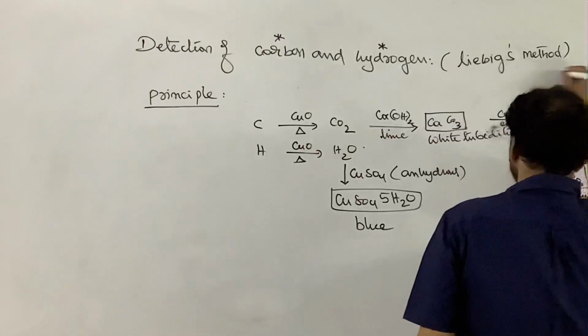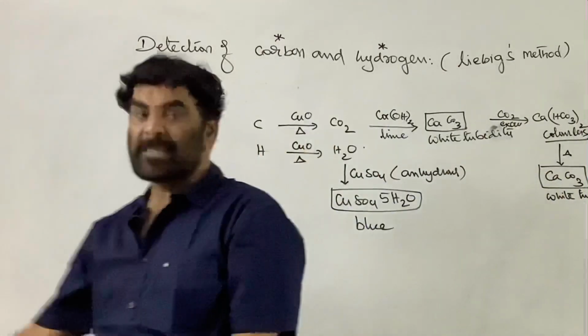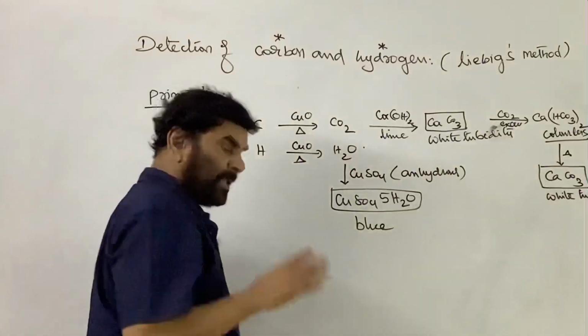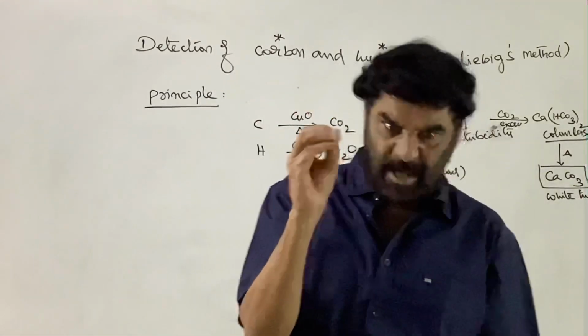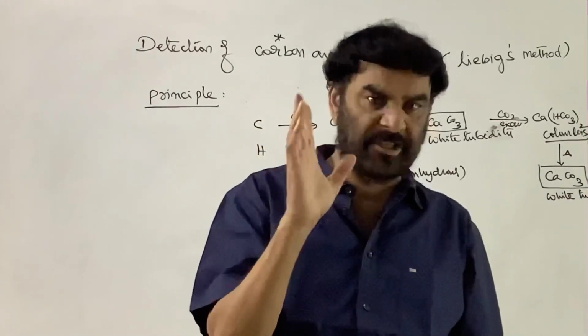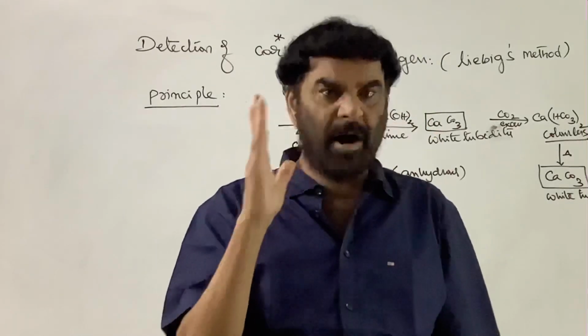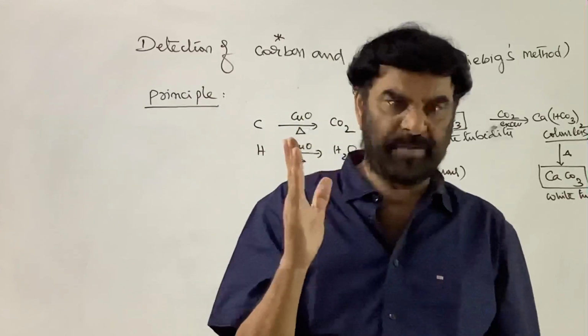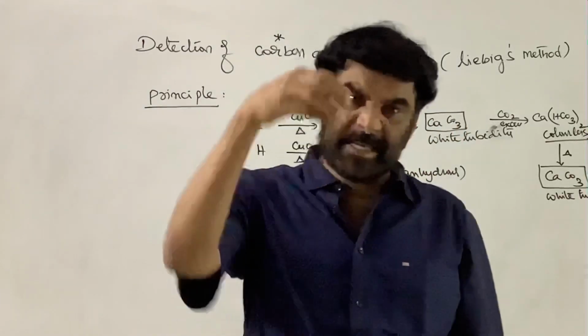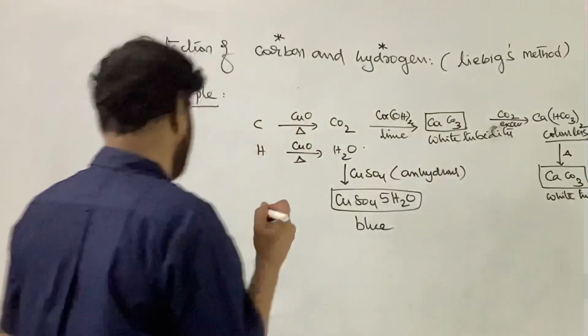This chemical procedure is called Liebig's method. So what is the procedure? A small amount of the given organic compound and excess copper oxide, copper(II) oxide CuO, are mixed. This mixture is kept in a hard glass tube.